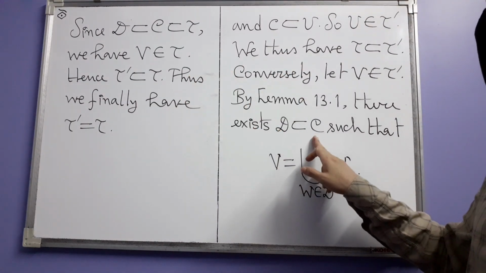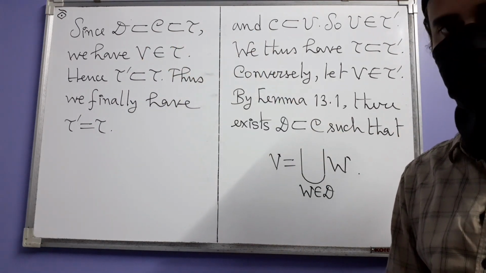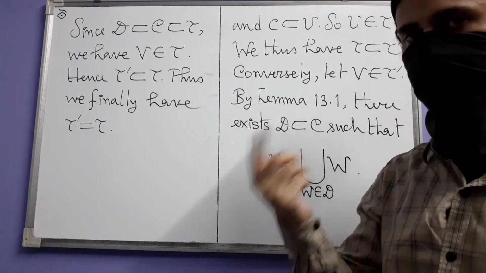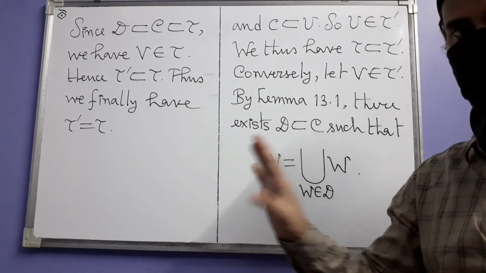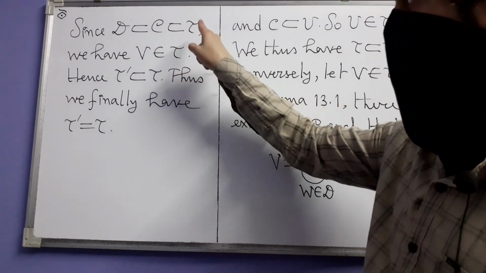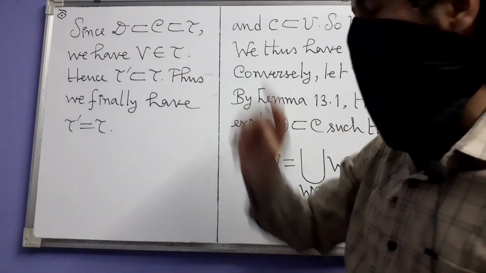Because D is contained in C, which itself is contained in tau. Why? Because it's given in the original statement that C is a collection of open sets in the topological space. So this collection C is contained in tau. So that is why D itself is contained in tau.